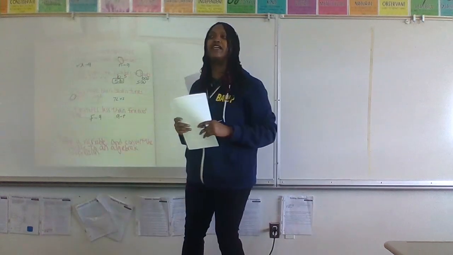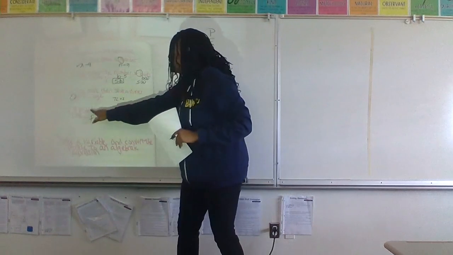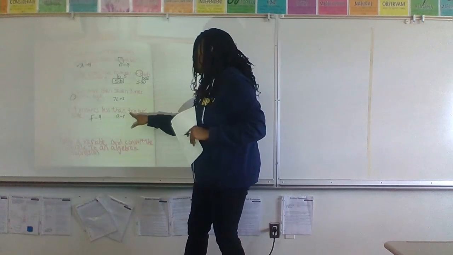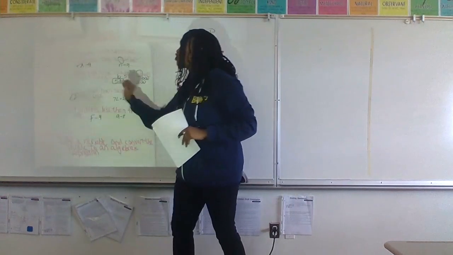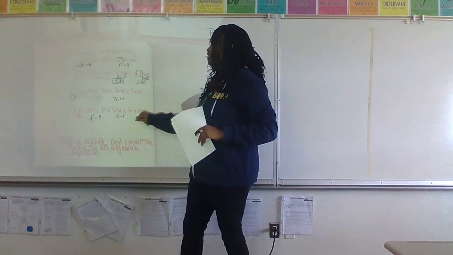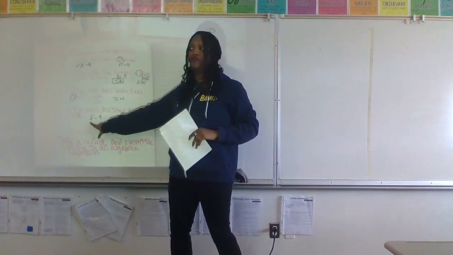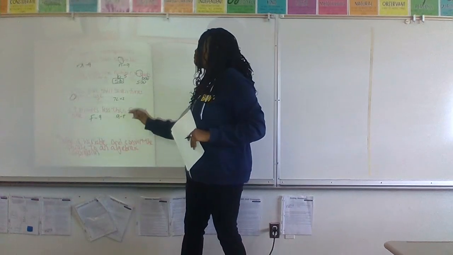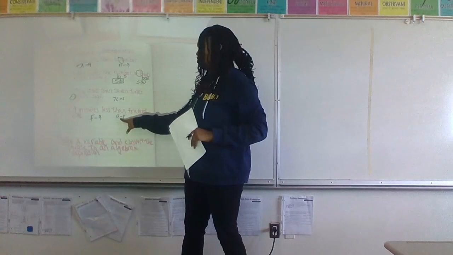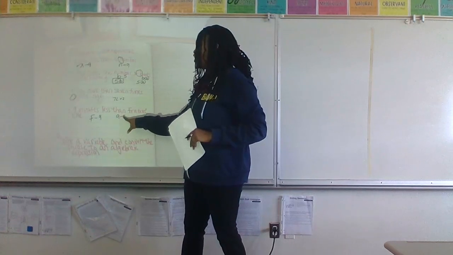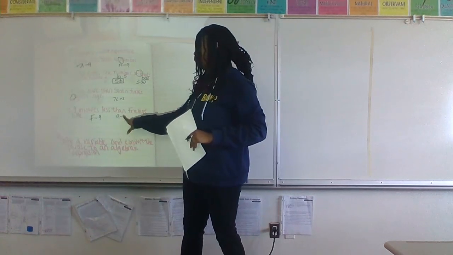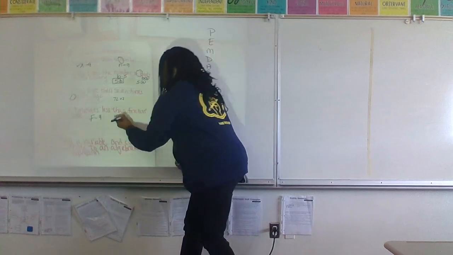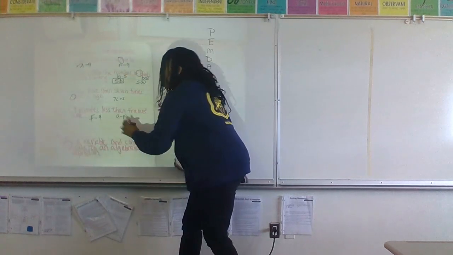Now let's reread. 9 minutes less than Francis's time. So I'm going to start by putting down Francis's time, which is F, right? And then I'm going to do 9 minutes less than that. Which one looks like 9 minutes less than Francis's time? Is it 9 minus F?